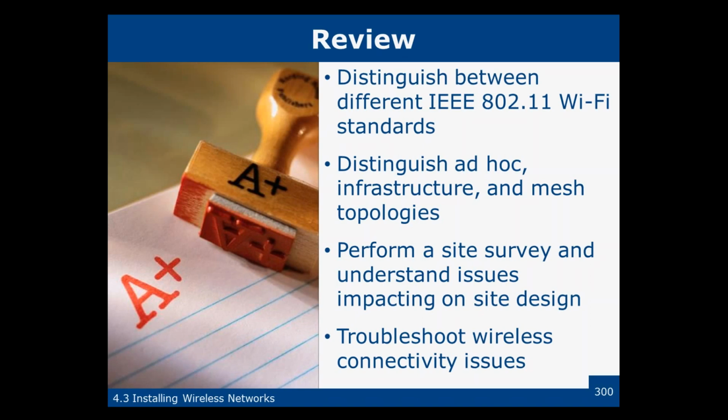What options may be available for an 802.11n network that are not supported under 802.11g? 5 gigahertz, yep. It has both: it has 2.4 and 5, so it's backwards compatible.